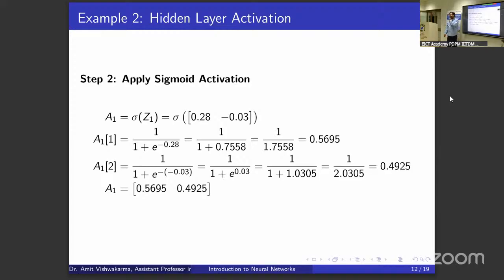Let's see, we will solve this doubt also. So in this case, this is a two-dimensional input. Practically it is possible to incorporate n number of hidden nodes.